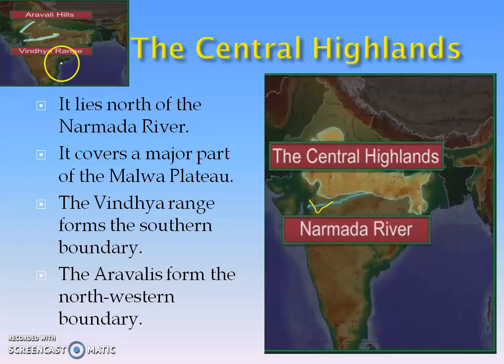The Vindhya range forms the southern boundary of the Central Highlands, and the Aravalli range forms the northwest boundary of the Central Highlands. In the west, it gradually merges into the Thar Desert.